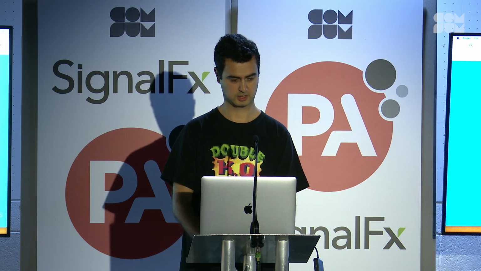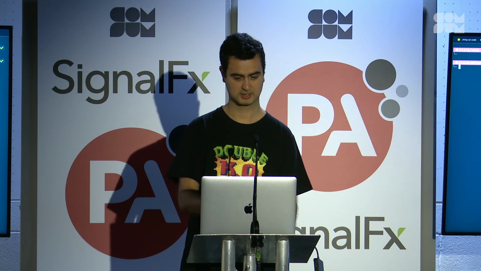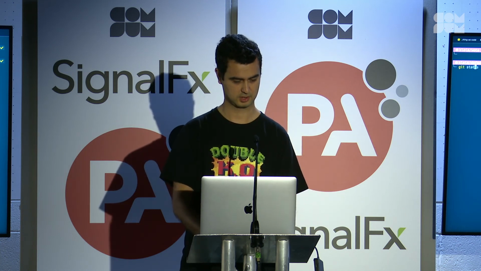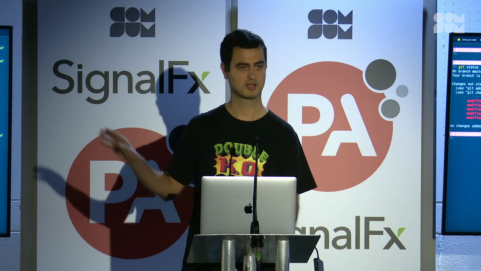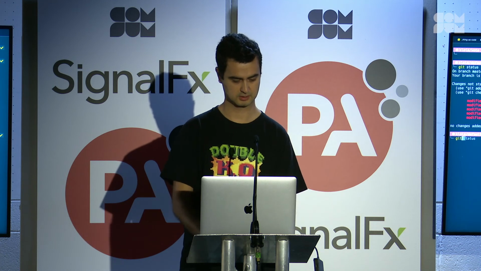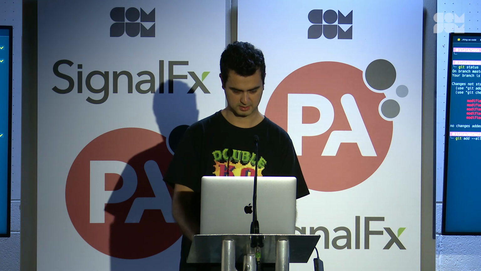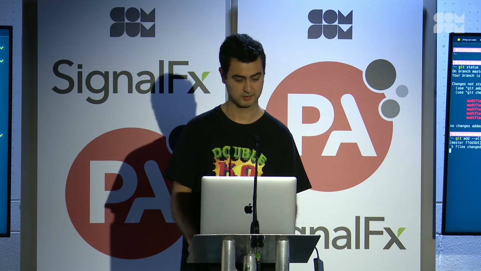So if we go and, let me make it bigger for you. This is our application folder, and if we check that, you can see that we have some changes. We did an update to our application. Let's add everything, and let's say V2, our new application.